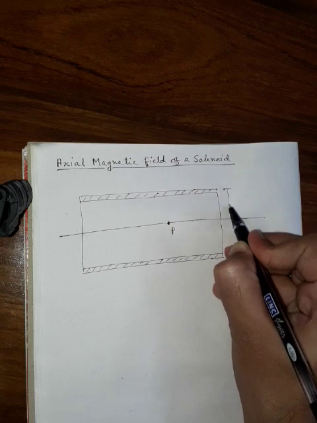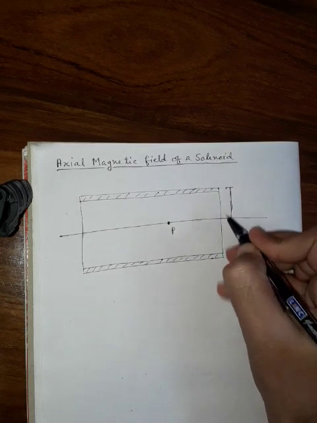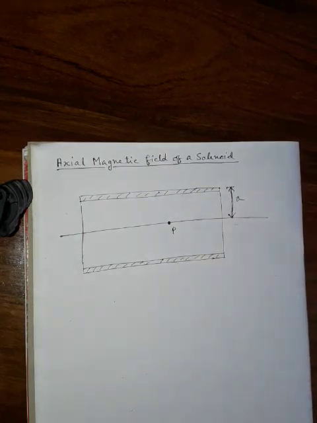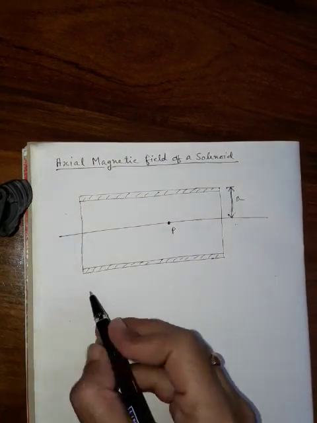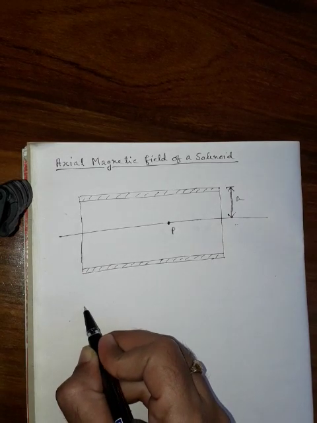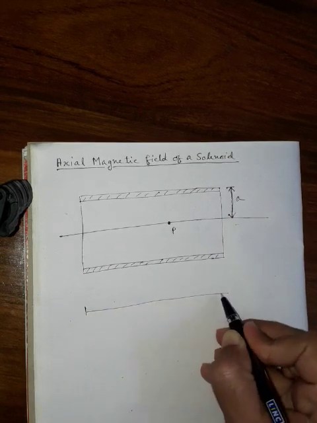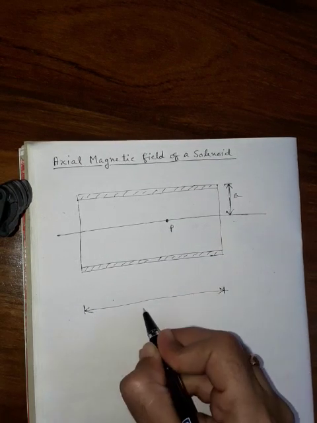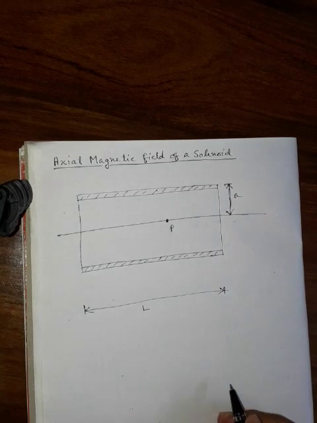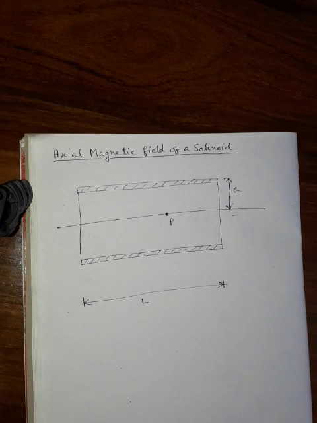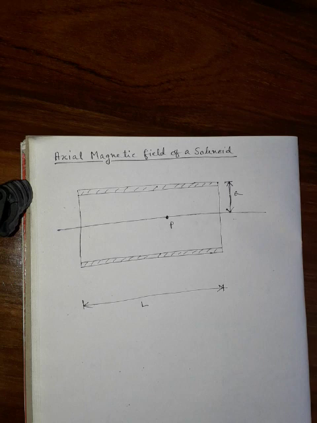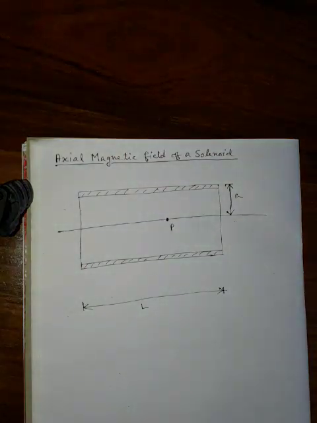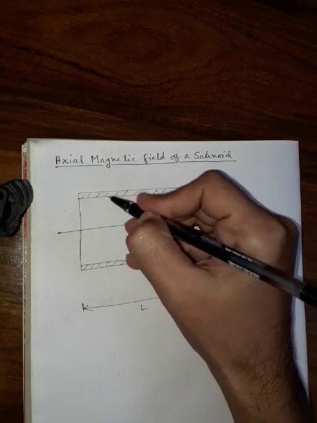The radius of the solenoid is a, and the length of the solenoid is L. Now, take an element here.